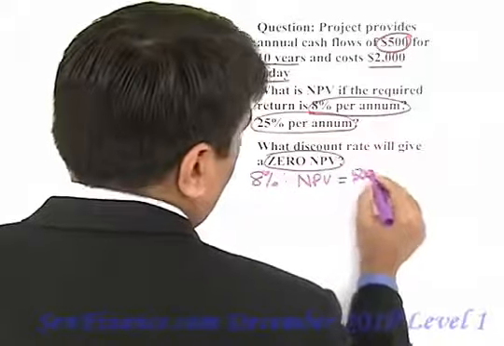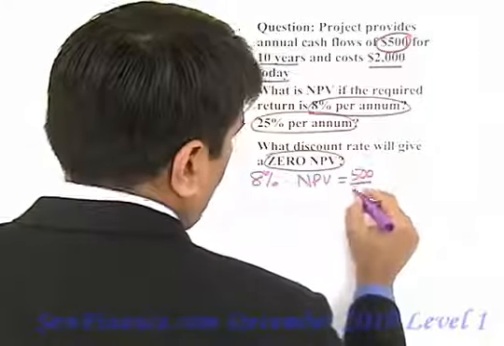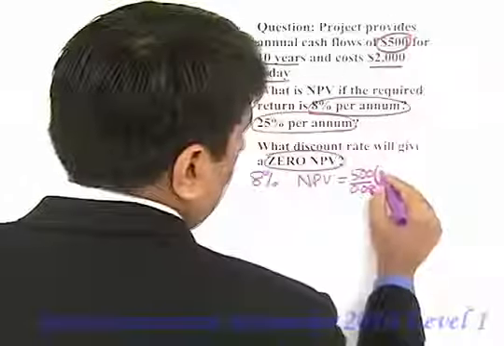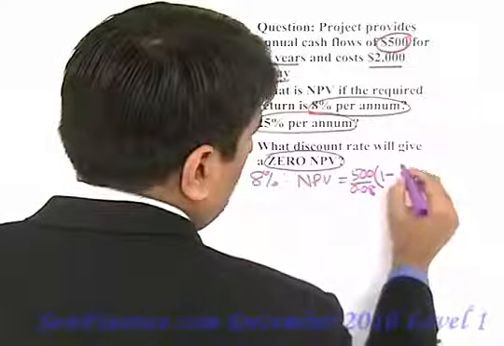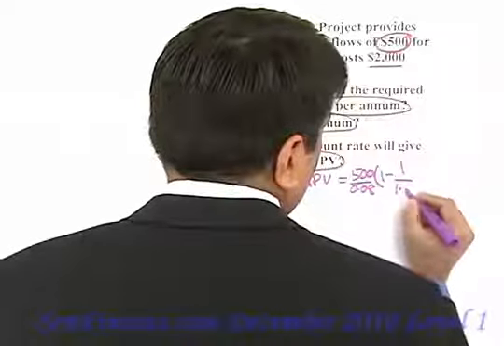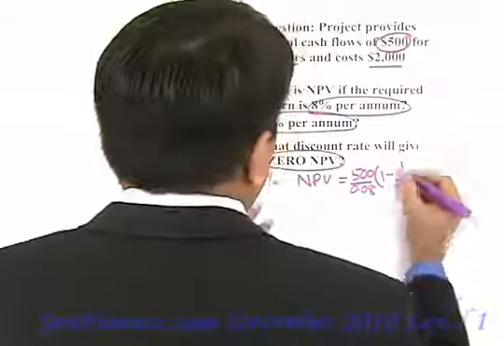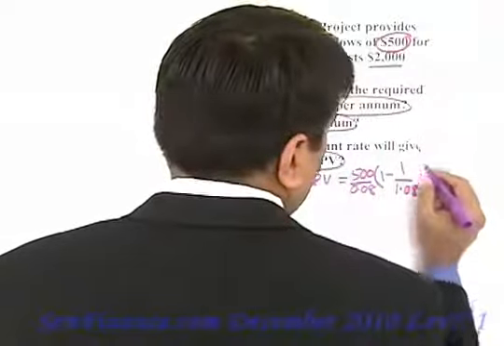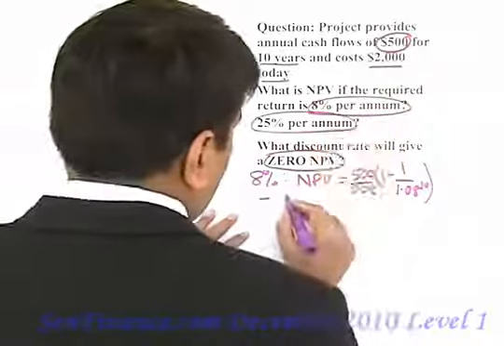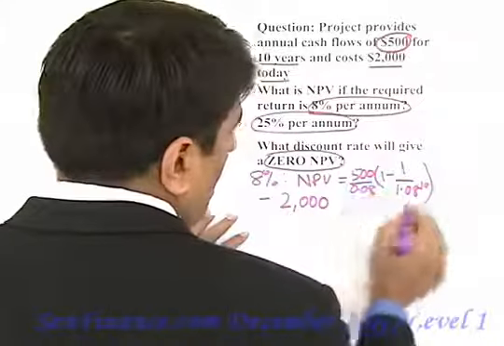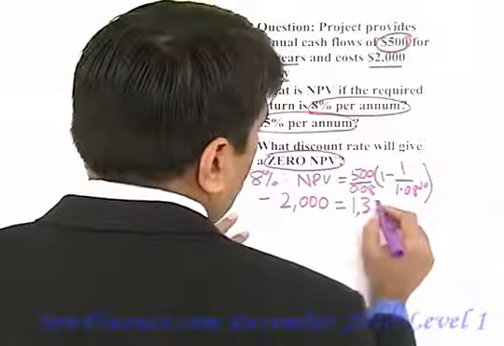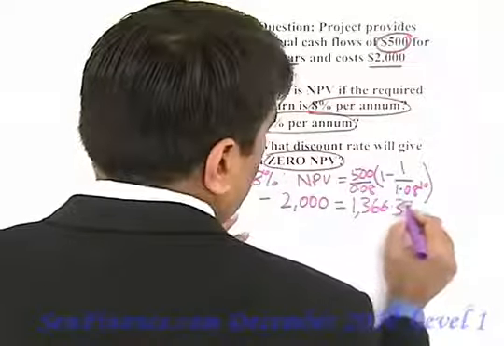So that will be 500 divided by 0.08 into 1 minus 1 upon 1.08 to the power 10, because they are 10 years, minus the cost of the project, which is 2,000, and this gives a net present value of 1,366.39.